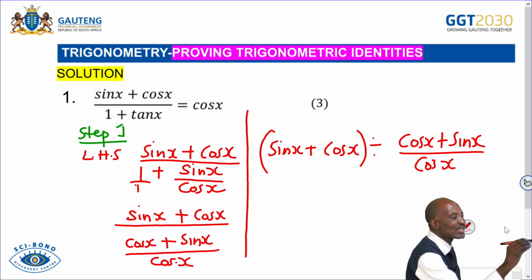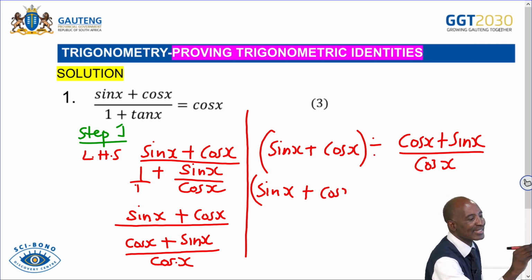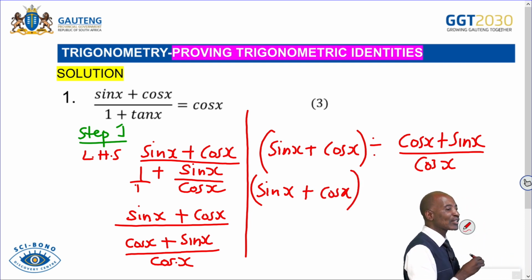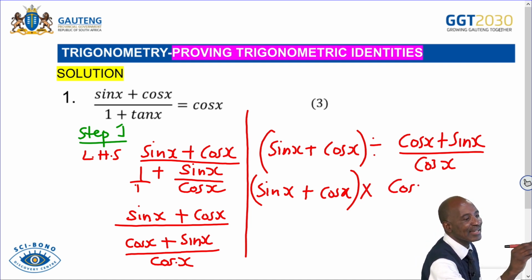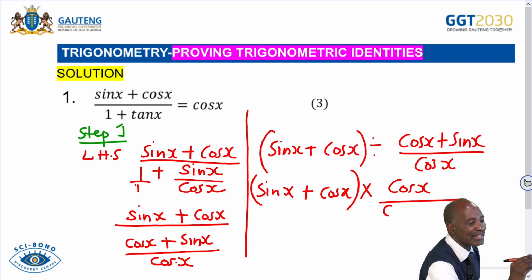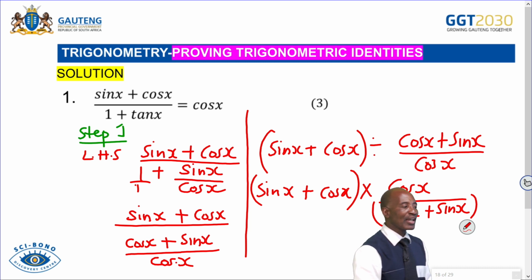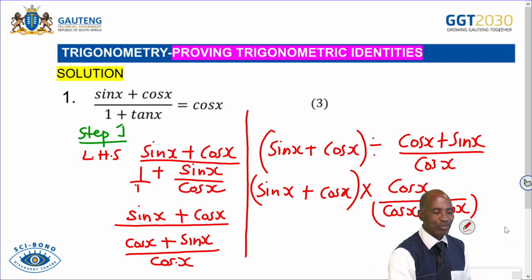Then tip and times. This is sine of x added to cos of x, which was your original numerator, multiplied by cos of x, the reciprocal or inverse of that, divided by cos of x plus sine of x as your new denominator now. You will realize that these two are the same because of the commutative property.